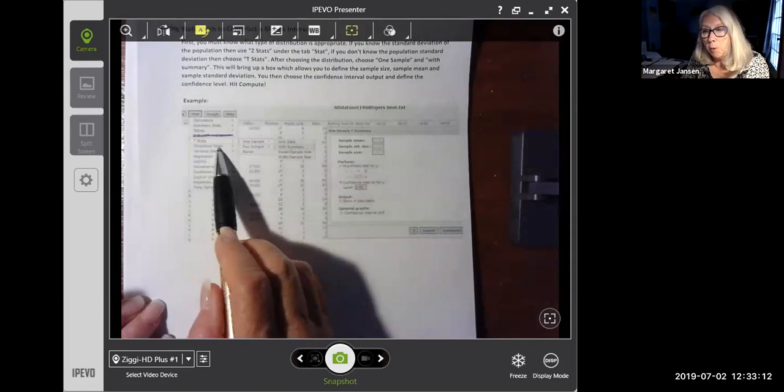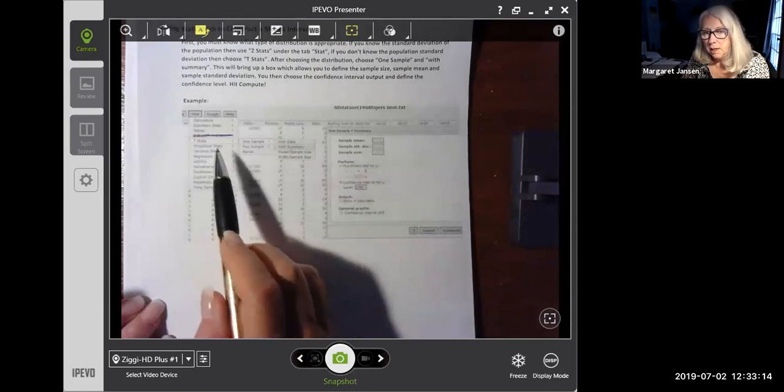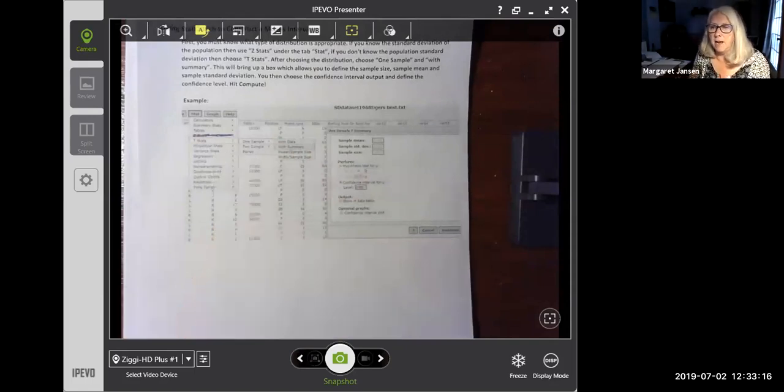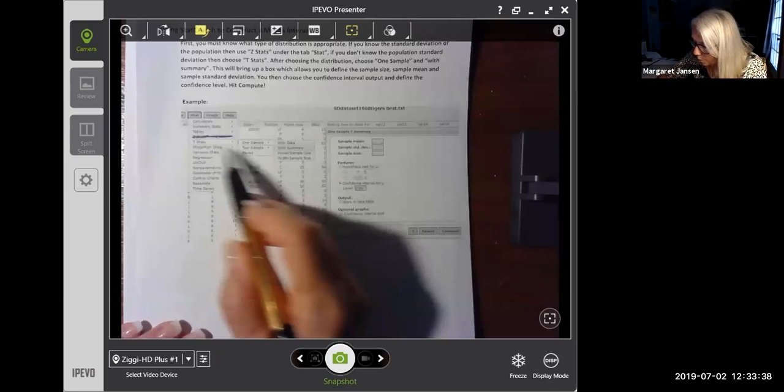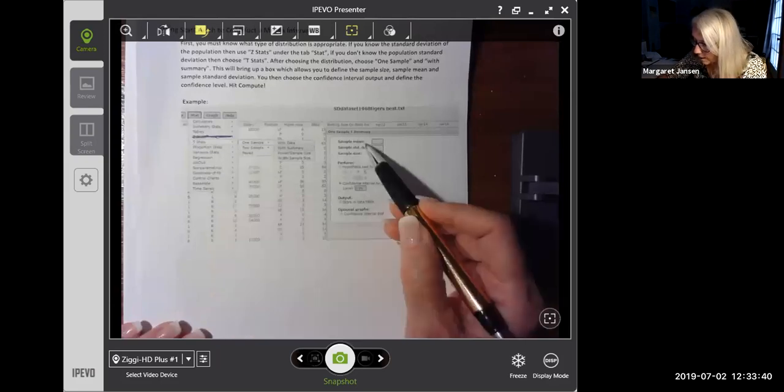Now, when I looked at the results of the previous final exam in the spring of 2019, this was a very common error, okay, because the Z-stat area will seem to be able to give you a confidence interval, but you have to emphasize that when it's a T-stat, what you are putting in is the sample mean and the sample standard deviation.